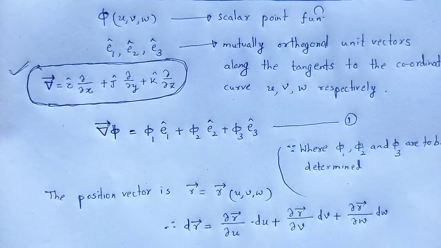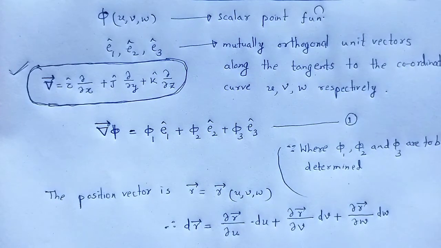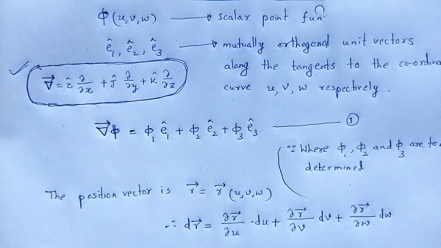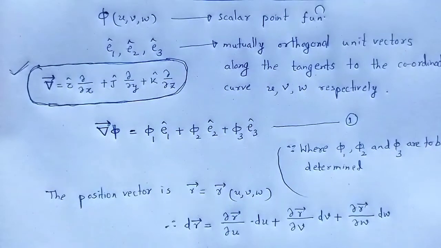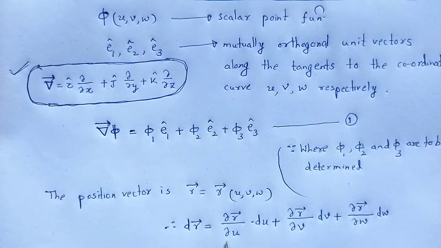Or dr vector is equal to, in place of del r vector by del u, we can write its magnitude and its direction.